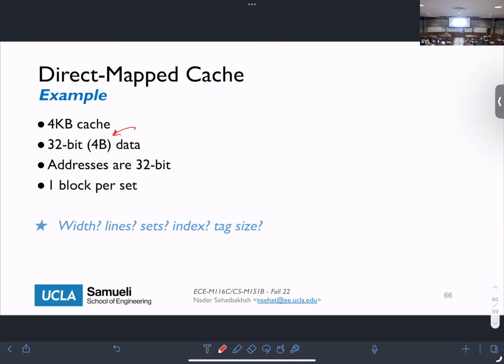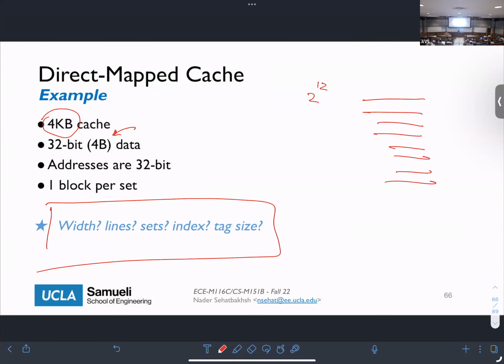For this, let's see if we can figure out the width, the lines, the number of sets, the index, and the tag size. First, let's start with something simpler. The cache is 4 kilobytes. So 4 kilobytes means that we have 2 to the power of 12 entries in my cache, each 1 byte, right?